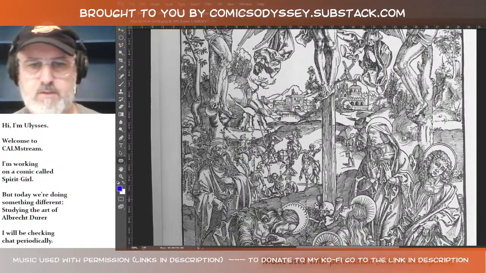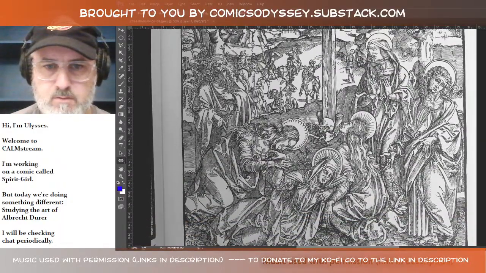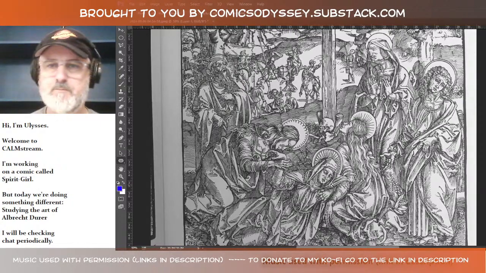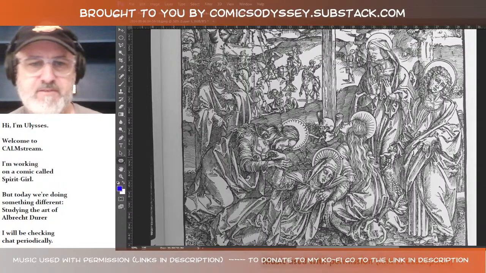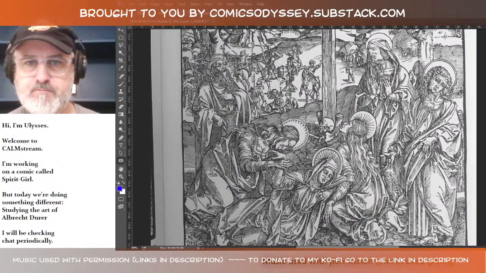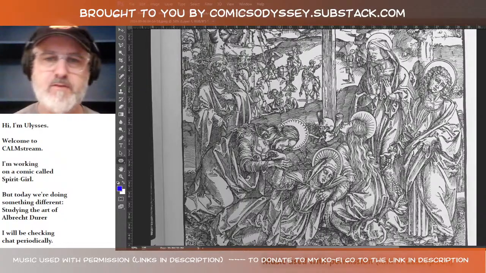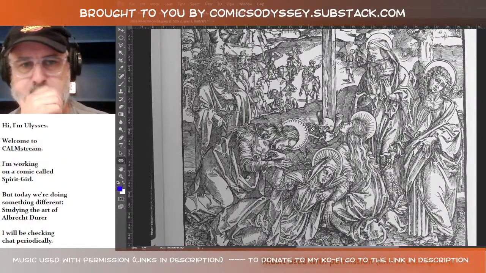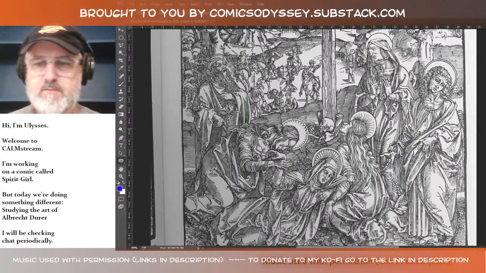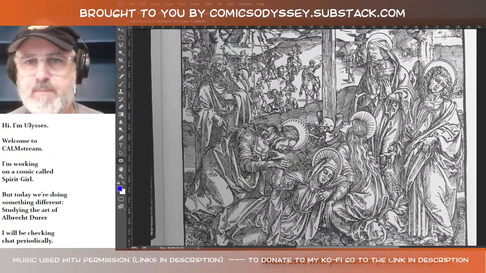Now, it seems to me that the center beam of the cross is leading down here, which could be his mother, right? I feel that there's probably some visual clues that are not obvious to us because we're not immersed into the iconic, symbolic language of the day.